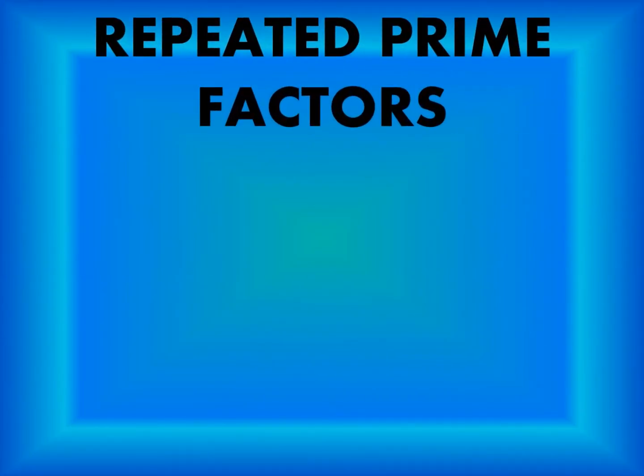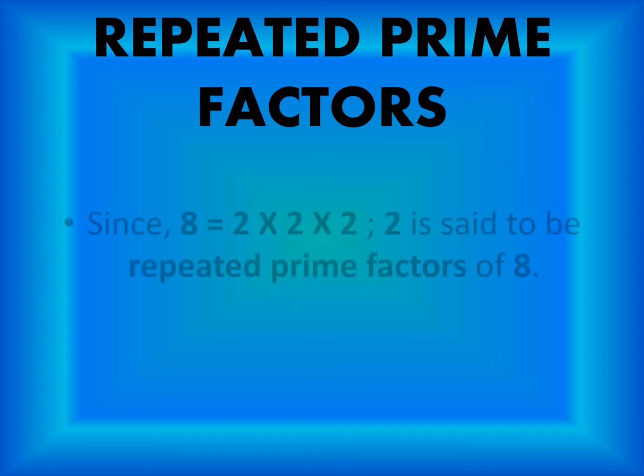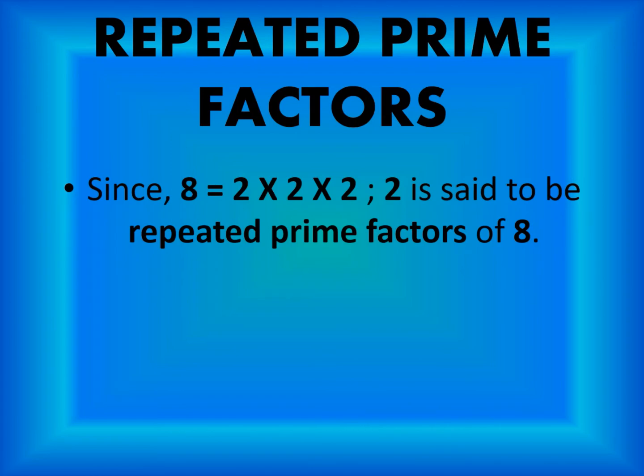Now let's discuss repeated prime factors. To explain repeated prime factors, let us take an example like 8. Its factors can be written as 2 multiply 2 multiply 2. So 2 is said to be the repeated prime factor of 8.